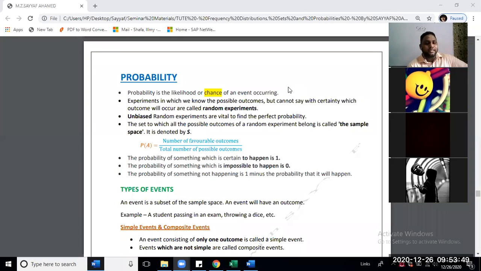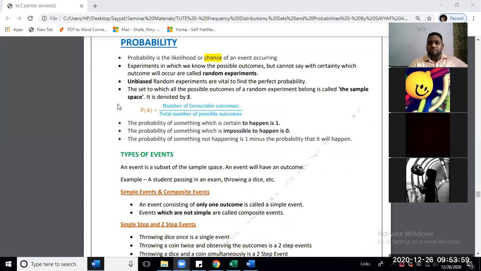Probability, you won't see this in your day-to-day life, right? So how do you find the probability of it? The equation is there in your syllabus. It's a typical equation: the number of favorable outcomes divided by the total number of possible outcomes. So it's the probability of one event with regard to all the other outcomes we have.